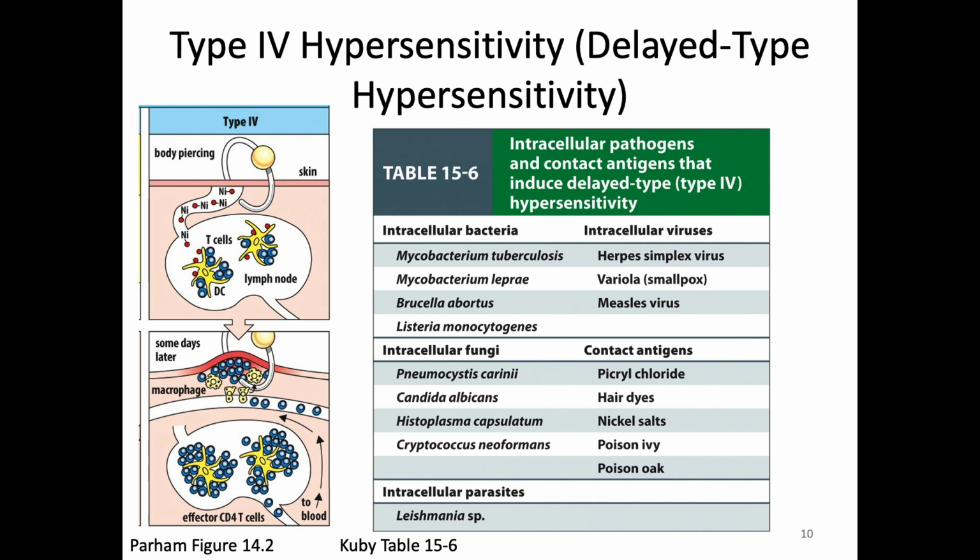But also things like a poison ivy or poison oak reaction, or if you have a reaction to, say, nickel. If any of you wear cheap costume jewelry and you wear it a while and the covering rubs off and then you start getting a really bad reaction, that's a nickel type 4 hypersensitivity.